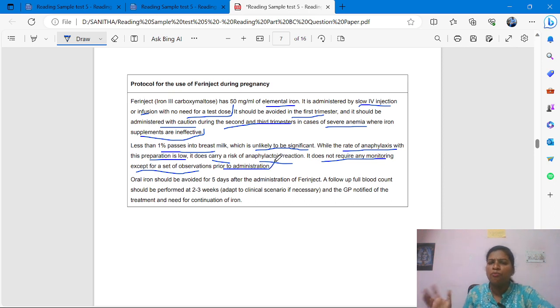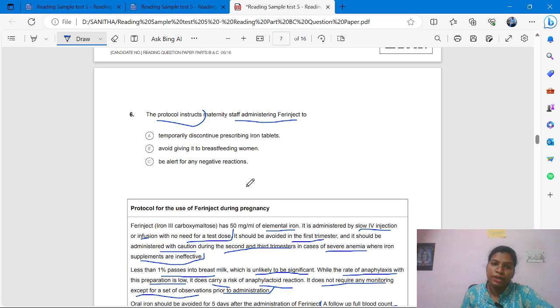There is no need for more monitoring. Oral iron should be avoided for 5 days after the administration. A follow-up full blood count should be performed after 2 to 3 weeks and the GP notified for the treatment and need for continuation of iron.